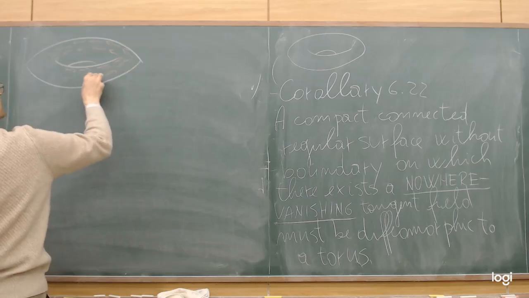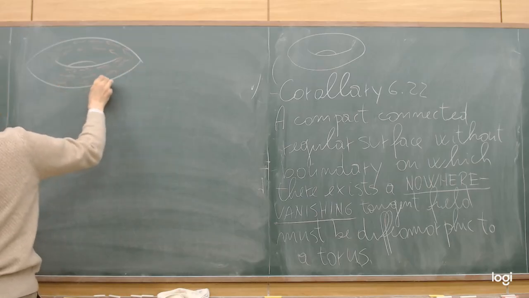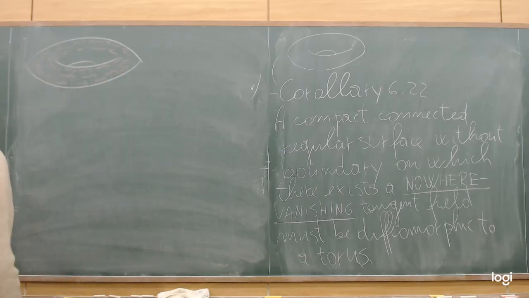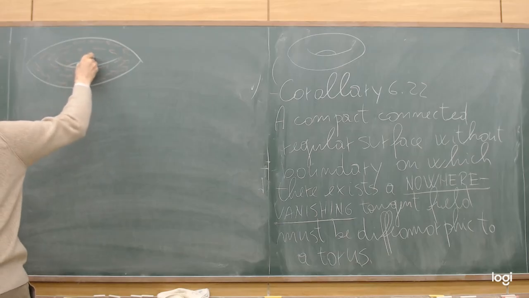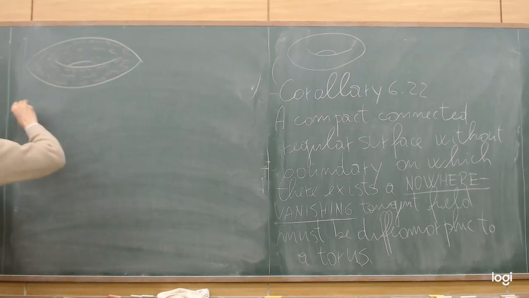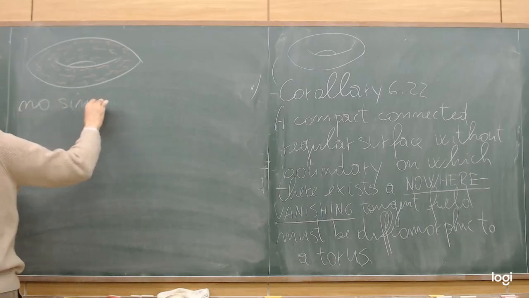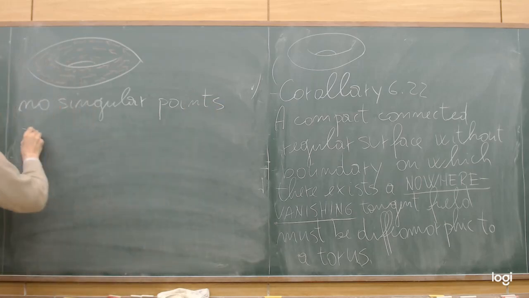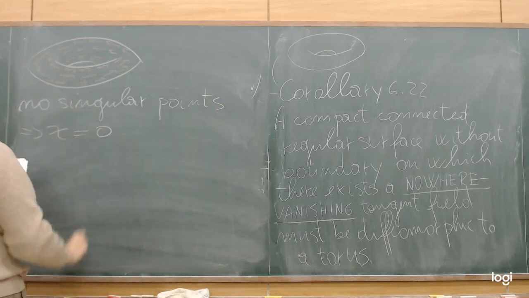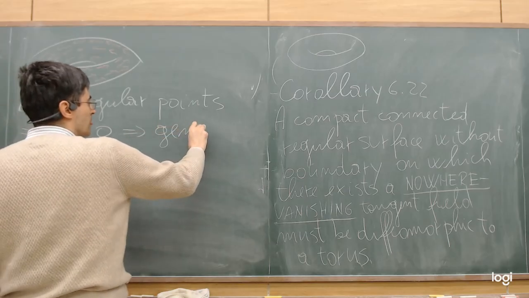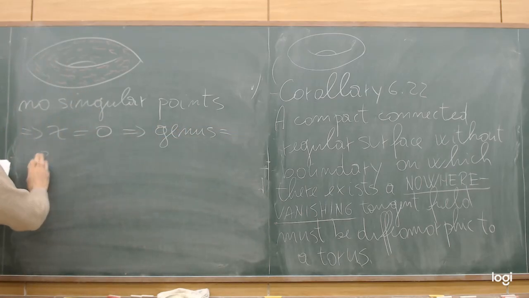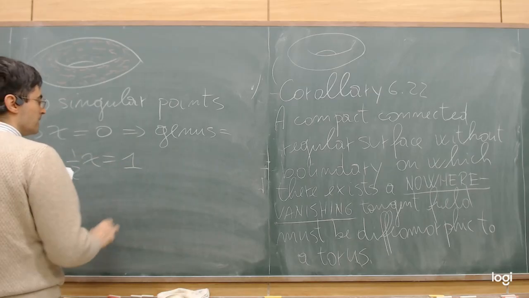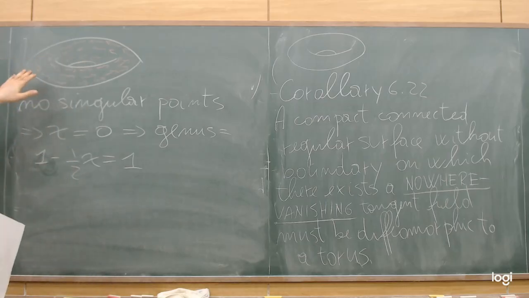The picture in the book is much better than mine. This vector field has no singular points, which implies k equal 0, which implies genus equal to 1 minus 1/2 k equal 1, so the surface is a torus, which is something we already know.